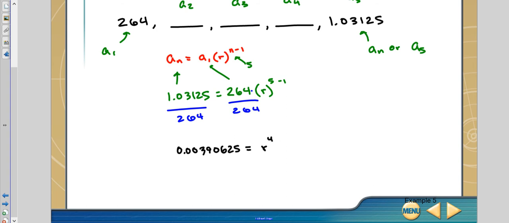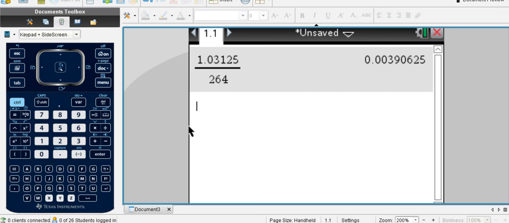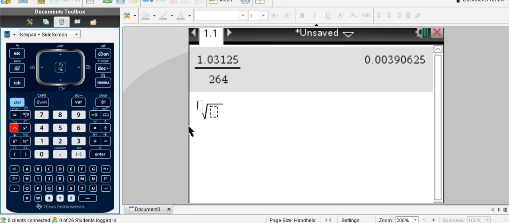Now, to get rid of a fourth power, what we're going to do is do a fourth root. Now, if you remember from earlier in the year, anytime we take a square root, we would do a plus or minus. Well, it's true if you do any even root. So here, I need to do plus or minus, which means these rates could be plus or minus going down. So I'm going to now take the fourth root of this value here in the calculator. So I'll do Control power.